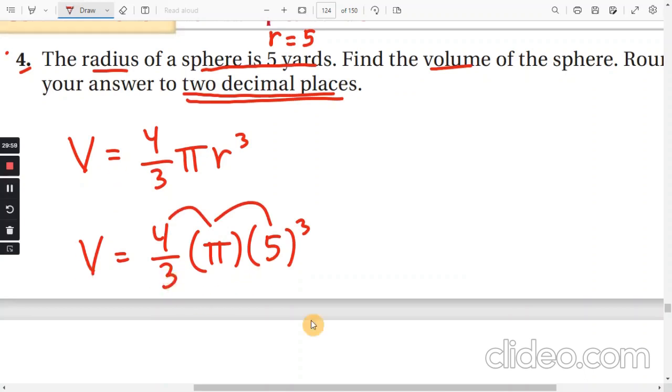And rounding off, I get 523.60. The units were in yards, but the yards got cubed. So that's going to be yards to the 3rd power.